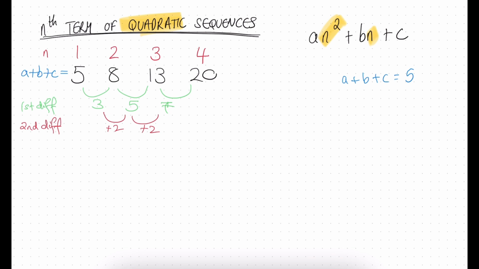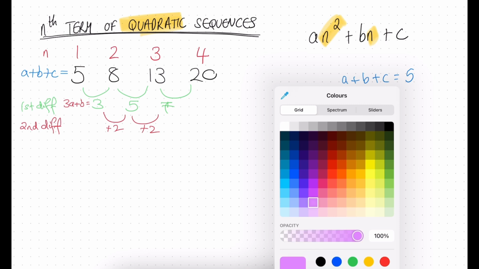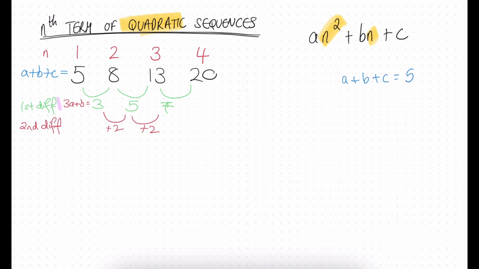So the next bit, which is this 3 over here, your formula here is 3a plus b equals this. So these are the bits that you just have to learn. I'll just highlight them sort of pinky purple here for you. And they're always the same for that top row, second row.